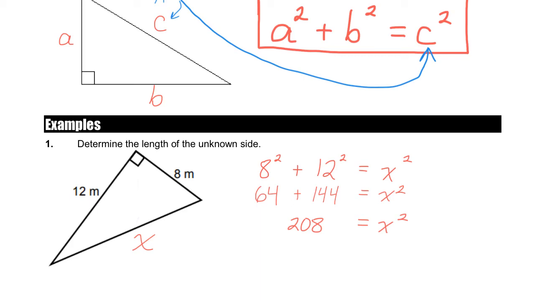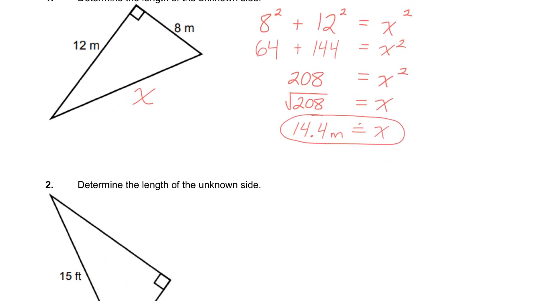But that's not right, because this is x squared, not x. So to find x, we need to do the opposite of squaring, which is the square root. So we have to do the square root of 208, which gives us approximately 14.4. So the side length is about 14.4 meters.